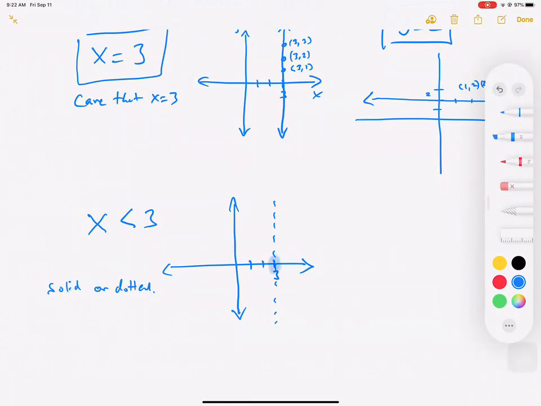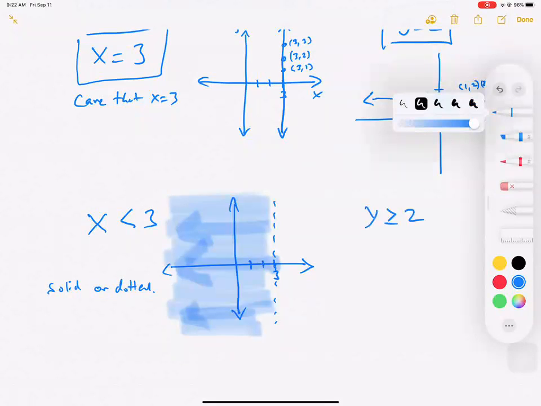We're talking about all this area right here, this whole region. X is less than 3. We'll do something similar over here. We'll say y is greater than or equal to 2.